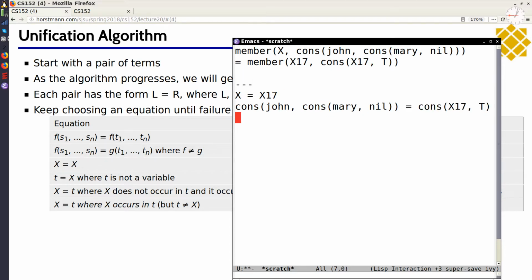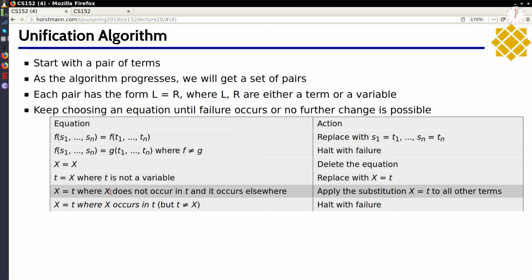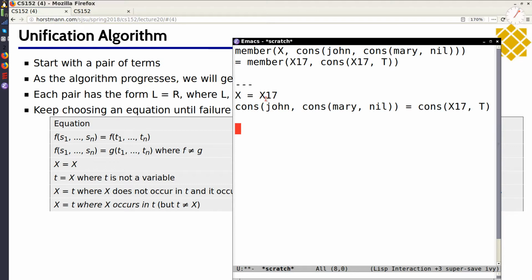Now I pick one of the rules, and I can just deal with the first one. It says x equals x17. That is this case here, x equals t, where x does not occur in t, and it occurs elsewhere. T is the right-hand side, and x doesn't occur there. And does x occur elsewhere? Not really.